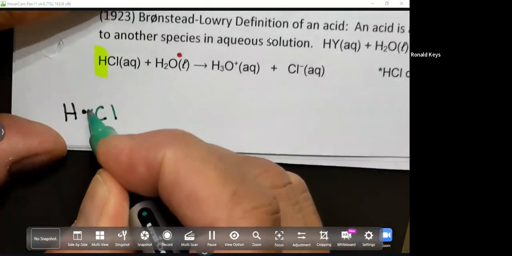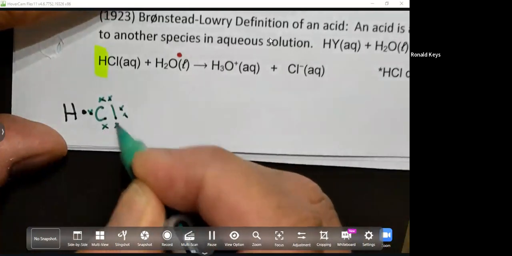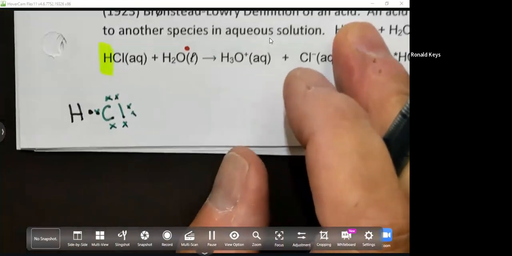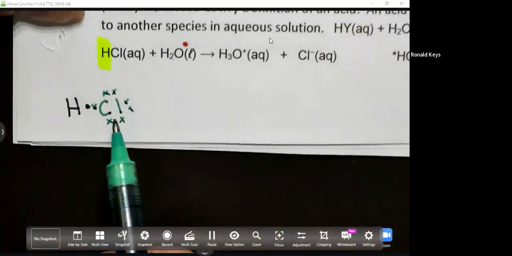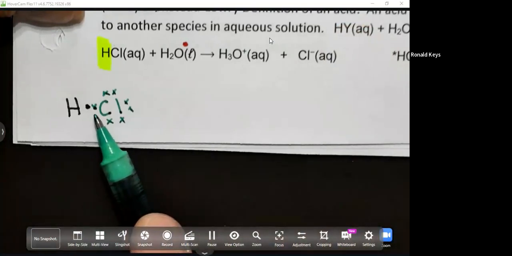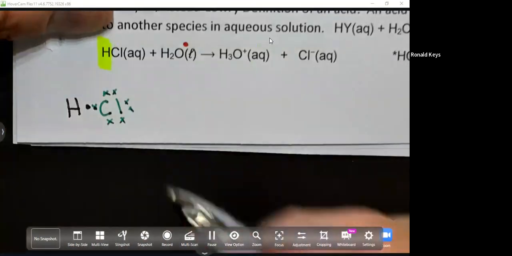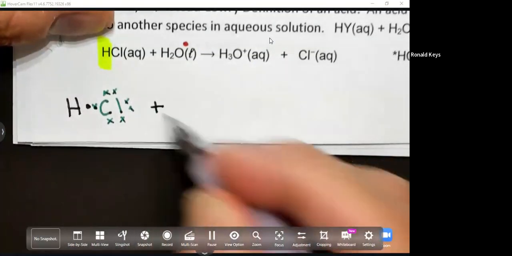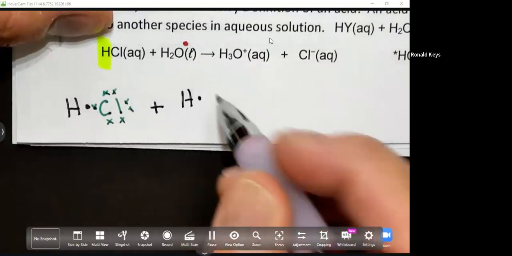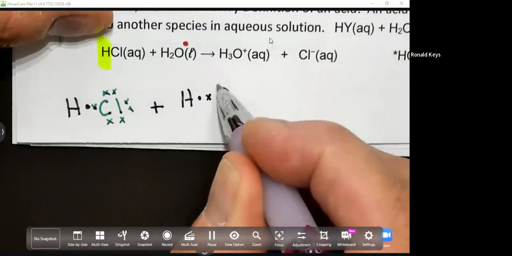I'm going to put that as an X. We're going to see that it's going to look like this. Each to make this bond, correct? One of each, just HCl. 1 electron from hydrogen, 1 electron from chlorine makes the bond. If we add this to water, I'm going to do X's for my oxygens.